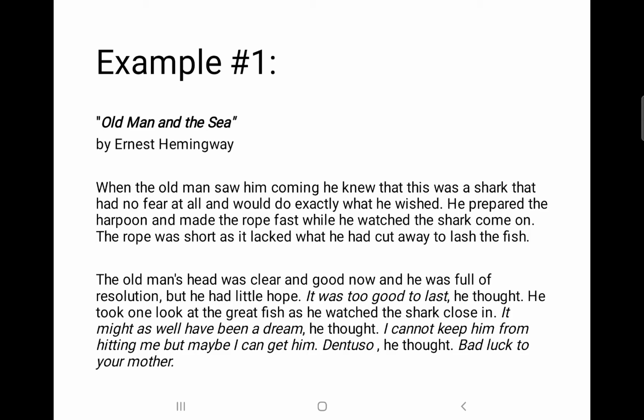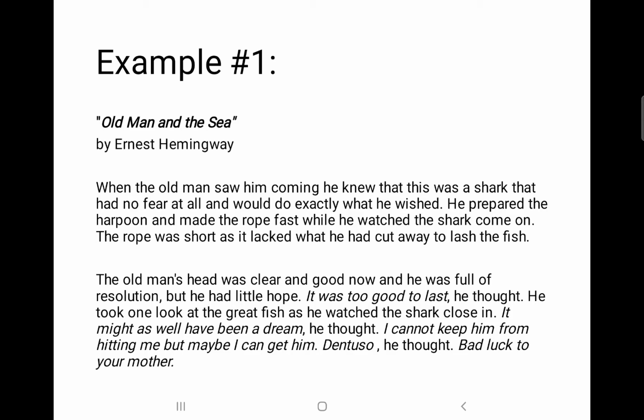The old man's head was clear and good now, and he was full of resolution, but he had little hope. It was too good to last, he thought. He took one look at the great fish as he watched the shark close in. It might as well have been a dream, he thought. I cannot keep him from hitting me, but maybe I can get him. Then Tuso, he thought. Bad luck to your mother.